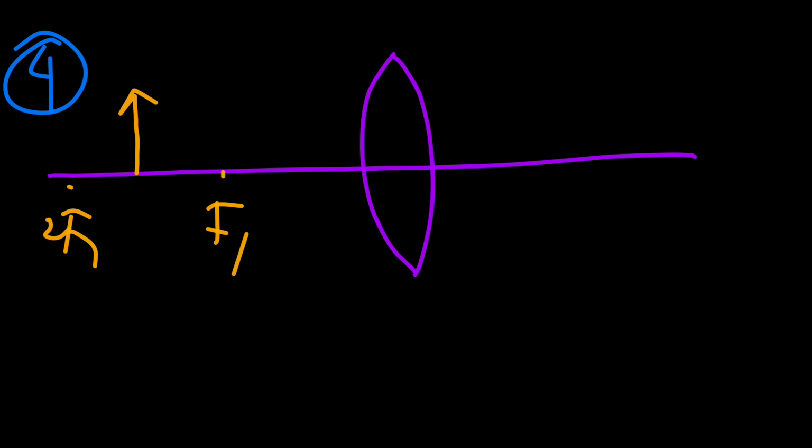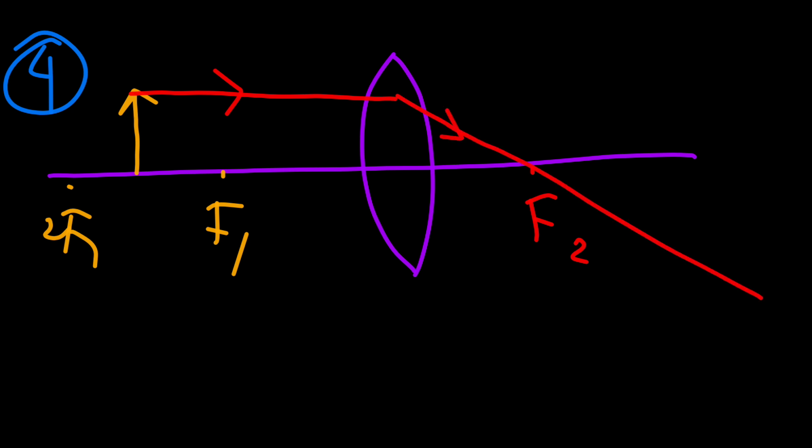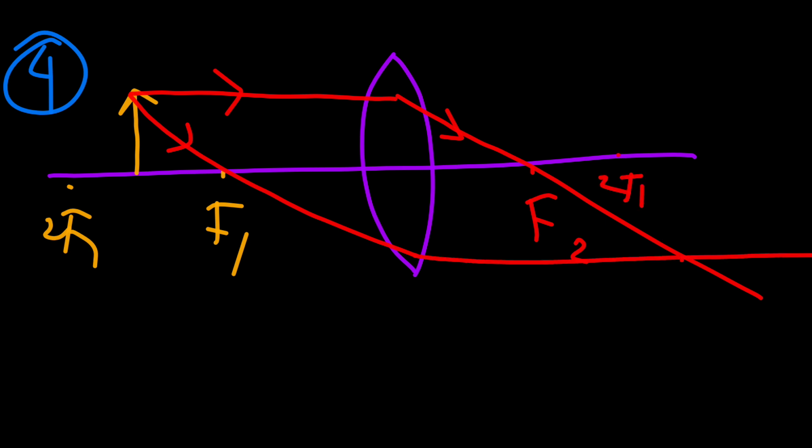The light ray is coming parallel to the principal axis; after refraction, it passes through the focus. Next, the ray passing through the focus goes parallel to the axis. So 2F2, and the image has been formed beyond 2F2.